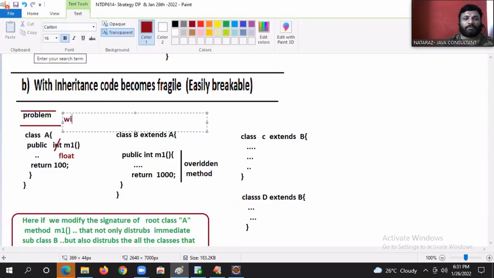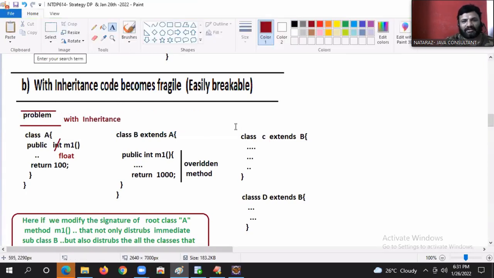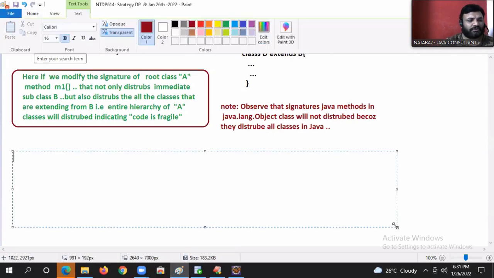What is the solution, sir? So this is the problem with inheritance, right? What is the solution using composition?